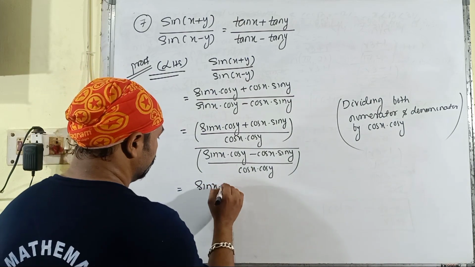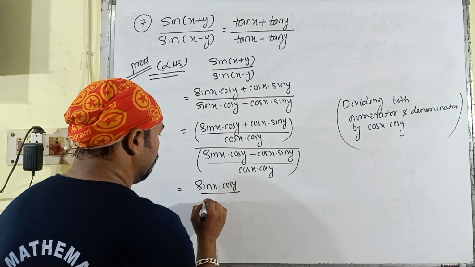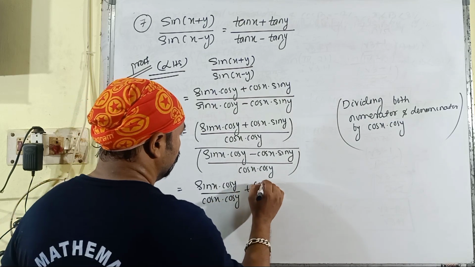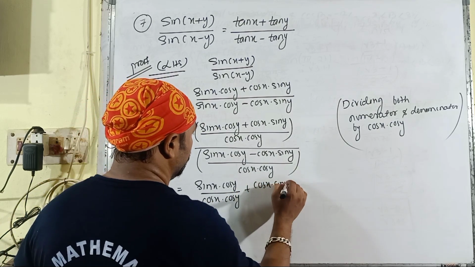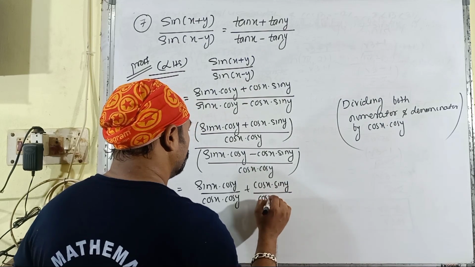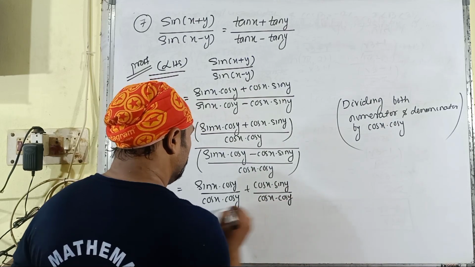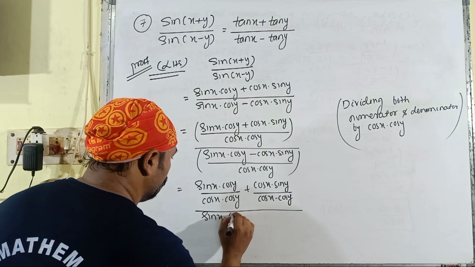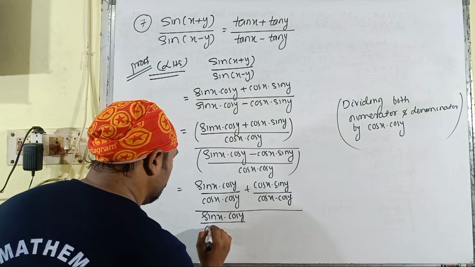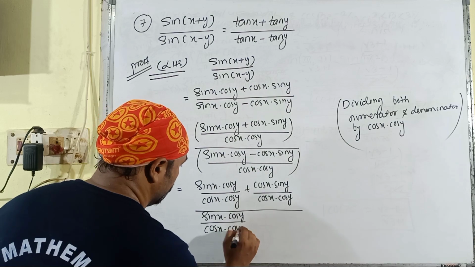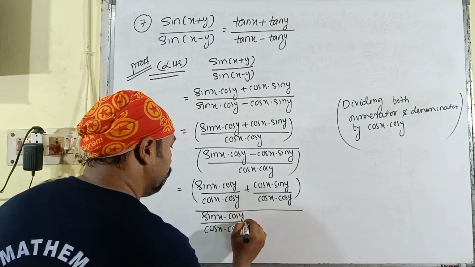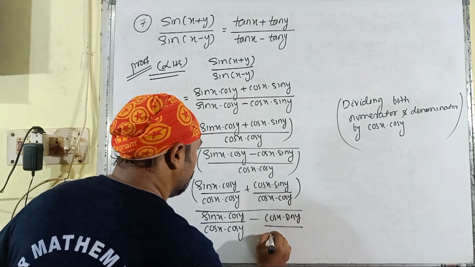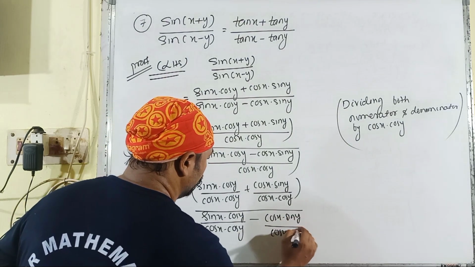Now it is sin x cos y divided by cos x cos y plus cos x sin y divided by cos x cos y, whole divided by sin x cos y divided by cos x cos y minus cos x sin y divided by cos x cos y.